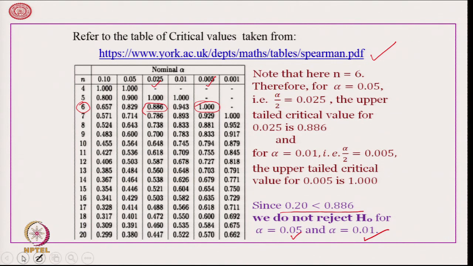So, that is how we use Kendall's tau or Spearman's rank correlation to test hypotheses about whether the sample pairs are showing independence or not.